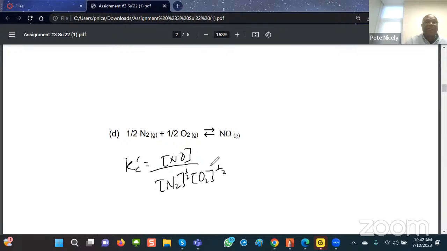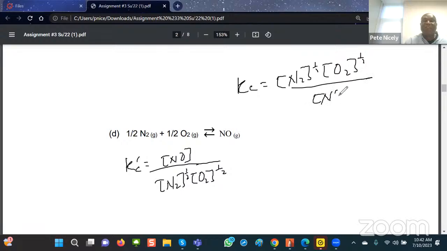Now, if you notice, the Kc for the previous one, for the C part, is Kc equal to the concentration of N2 raised to the half times the concentration of O2 raised to the half divided by the concentration of NO. So to avoid confusion, this was the Kc prime for that one. I'm going to call this Kc double prime. This is what we want to find.